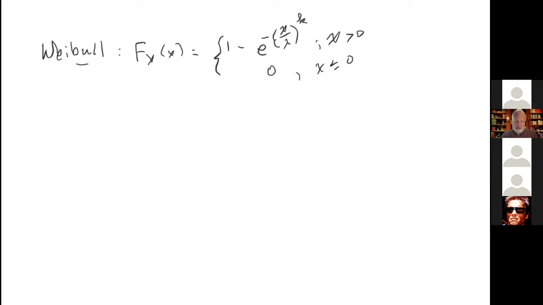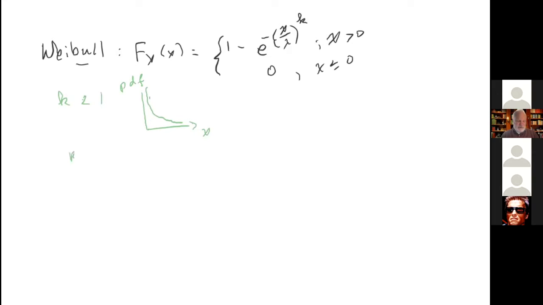If you look at the PDF, which is a nice way of describing behavior, if k is less than 1, then the PDF has a really big infinite spike at the origin.